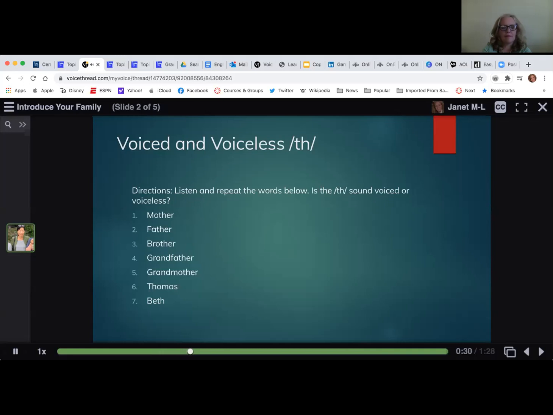For example, words like the. You can feel your vocal cords vibrate. But if you have a voiceless TH, it won't vibrate. For example, if you said the word thought. So there's voiced TH and voiceless TH.